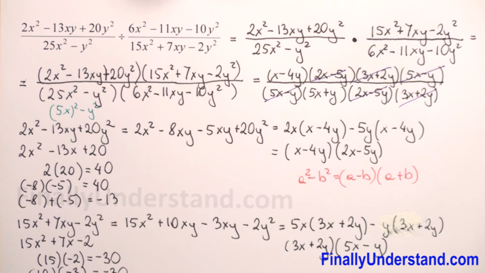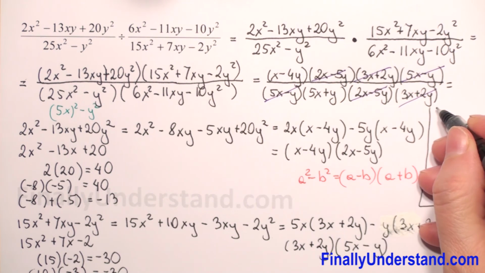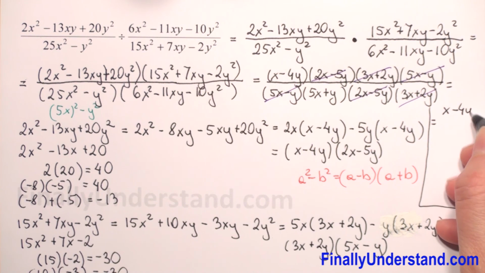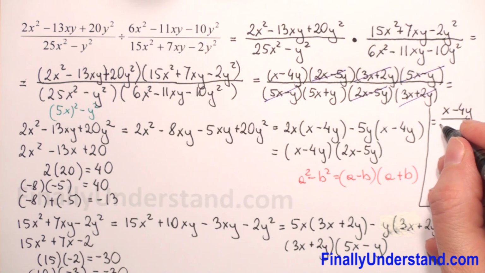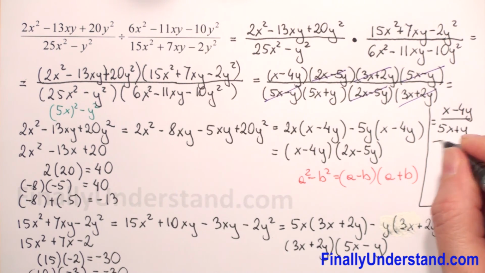So we see that this is equal to, in the numerator, x minus 4y, and in the denominator only 5x plus y. This is my solution.